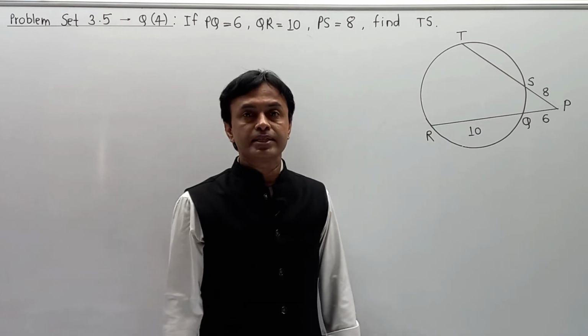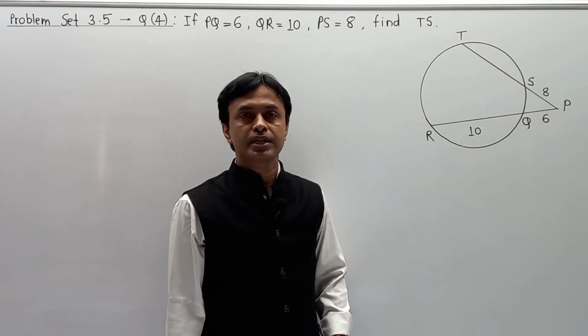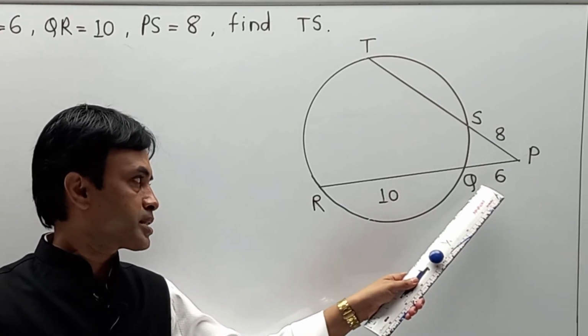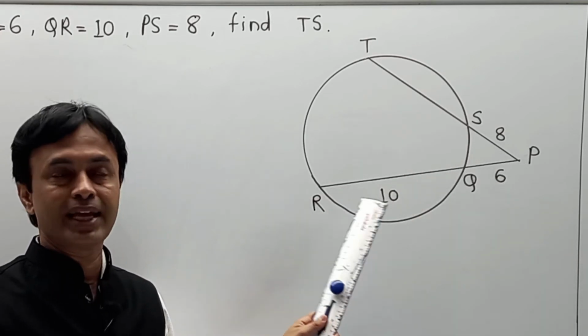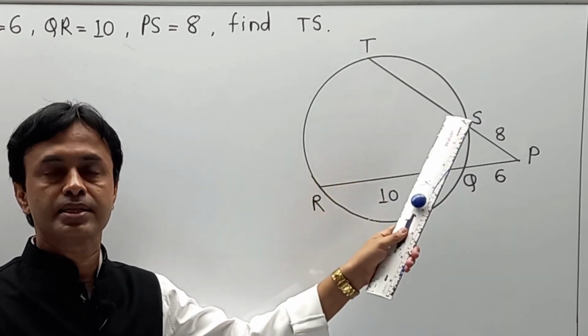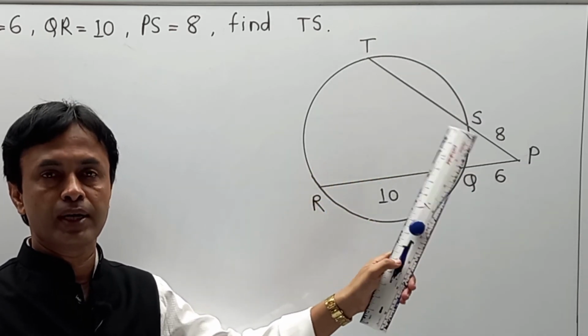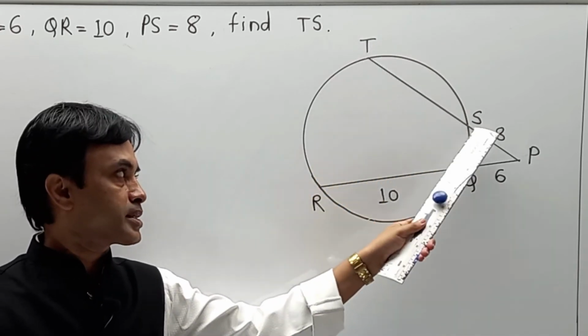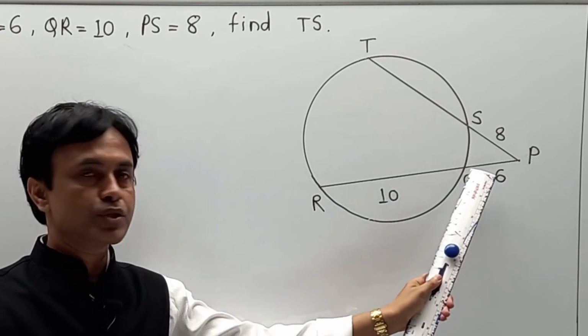Now remember, it is a numerical where we have to understand two parts. First, PQ is 6 and QR is equal to 10. They have given PS is 8 and we are supposed to find TS. TS is unknown and is required to be found. Here, TS is one chord and RQ is another chord.